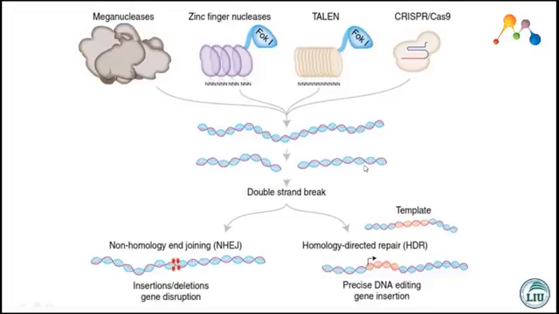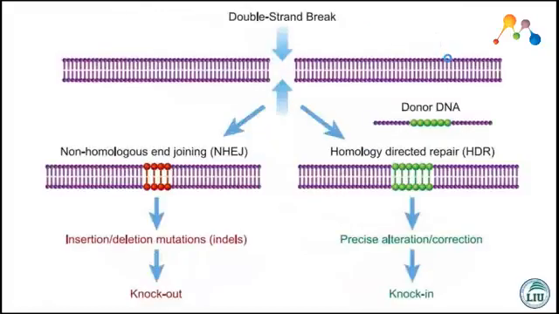In contrast, our newly discovered system, the CRISPR-Cas9, is an RNA-guided system that has the advantage of only requiring the design of an RNA that recognizes a sequence at the level of the target DNA in order to induce cleavage.